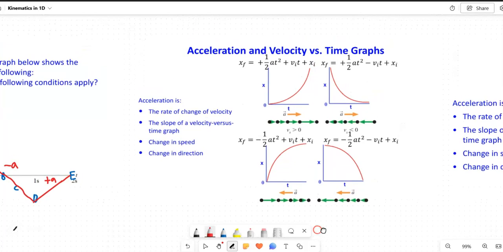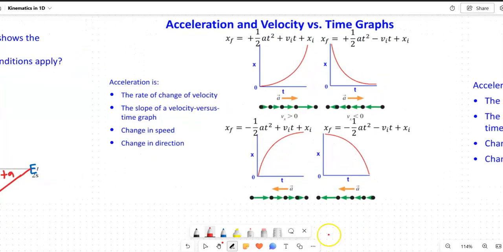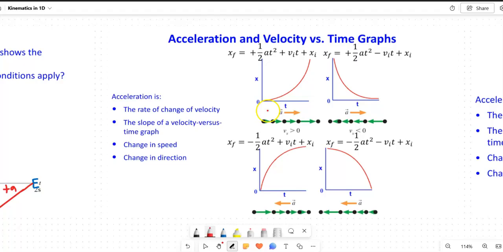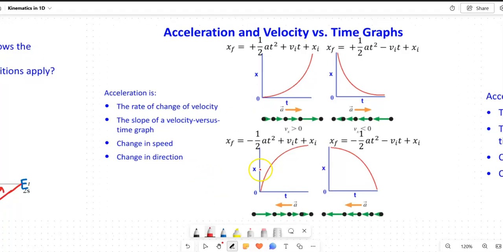So with accelerated motion, if an object is speeding up while moving to the right, let's go ahead and plot this. So let's say in here we could say that this guy's initial position is right there, which is 0 meters.